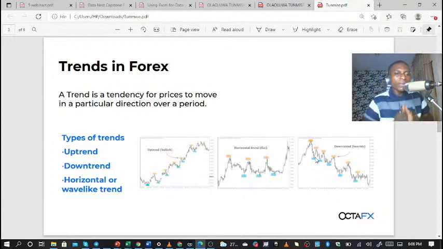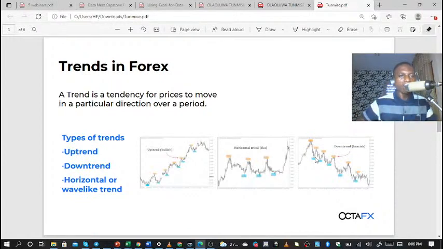Just like you follow your fashion trend because it is the latest and current activity, in Forex you also want to follow the price in the direction at which it is going. Then the downtrend, when the price is trending downward, then we have horizontal and wave-like trends.